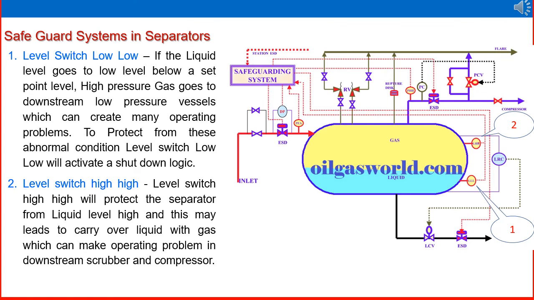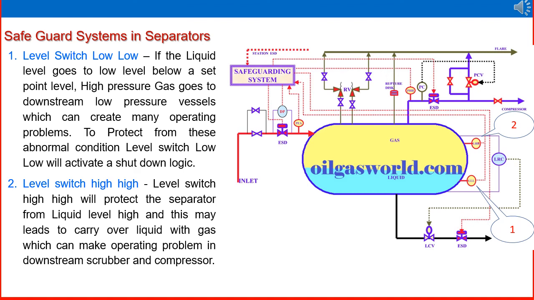If the liquid level goes below a set point, high pressure gas goes to the downstream low pressure vessel, which can create many operating problems. To protect from this abnormal condition, level switch low will activate a shutdown logic.